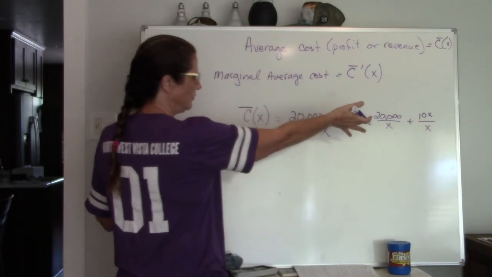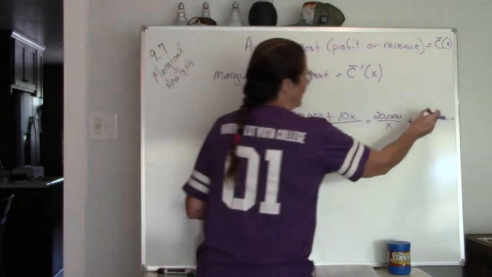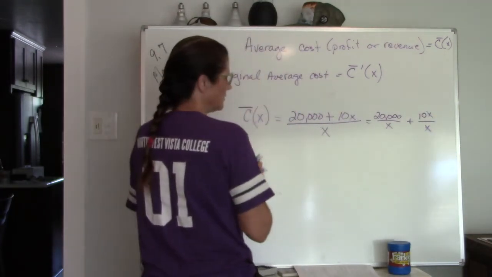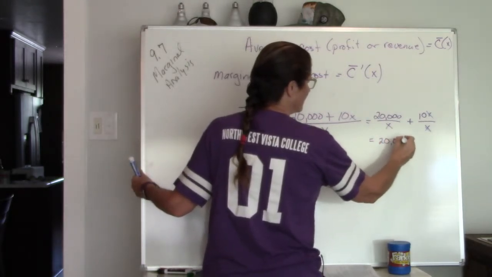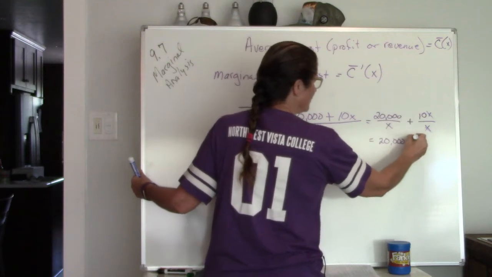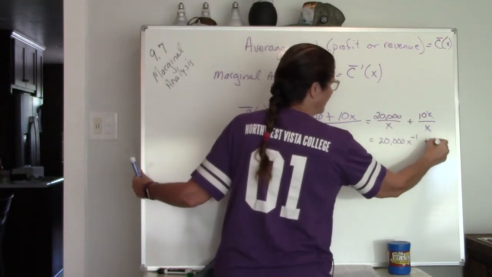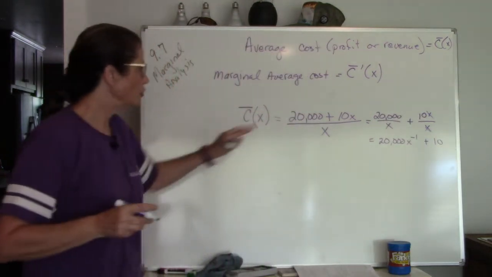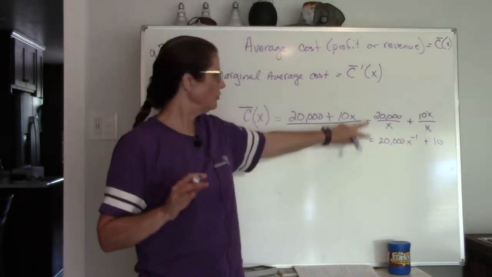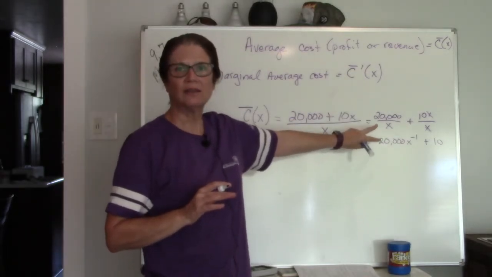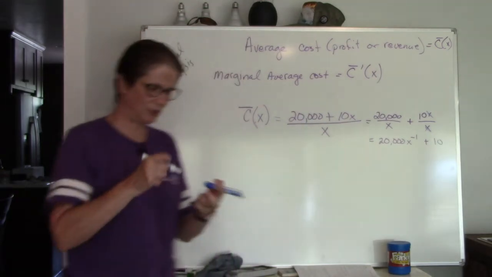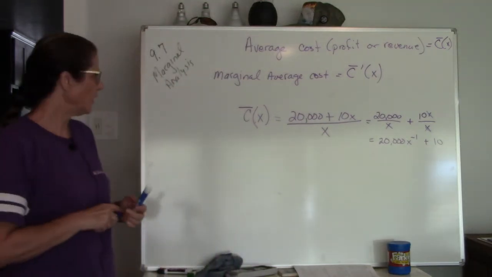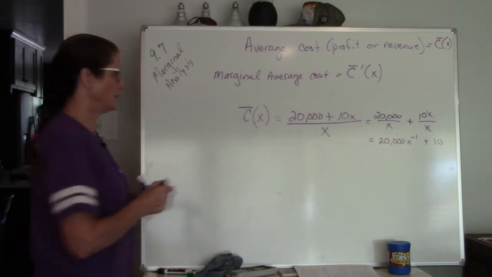When I simplify this, you can see that here I can cancel my x's. Here I can write this as 20,000 x. If I bring it to the top, it becomes a negative exponent. So you can write it this way, this is fine, or you can write it with a negative exponent. Because the exponent was on the bottom and I brought it to the top, it becomes a -1. Okay, so there's our average cost.